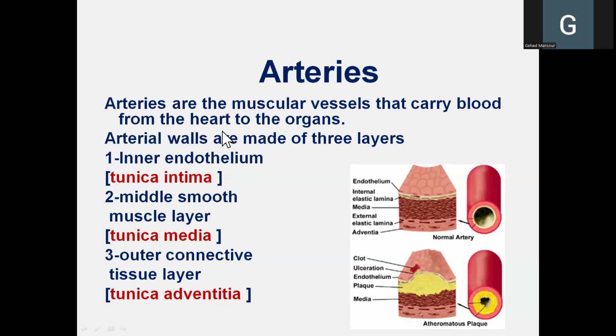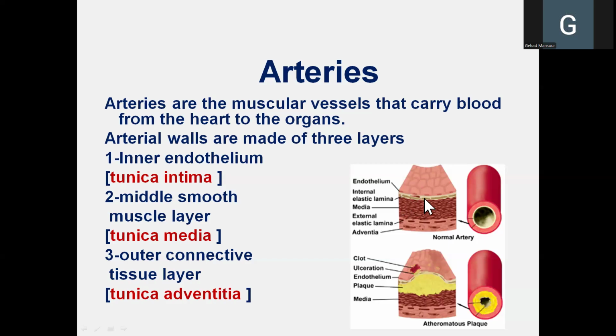If we look at the inner endothelium or the tunica intima and the outer connective tissue, which is the tunica adventitia, we will find that they are full of elastic fibers that are important, as we said before. They are important for elastic recoil, or returning of the artery to the original size after having been expanded.